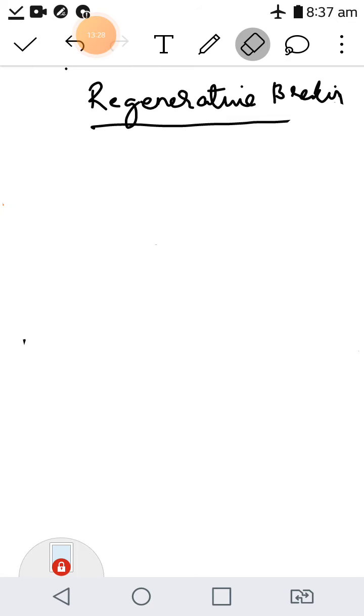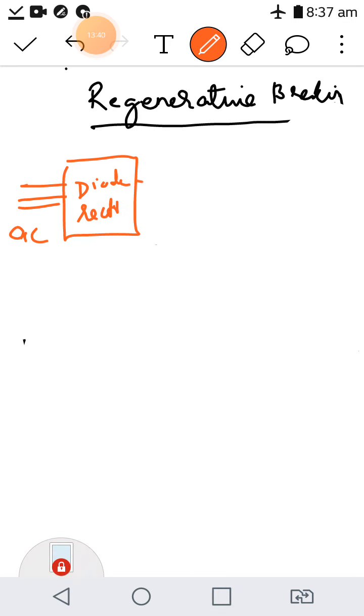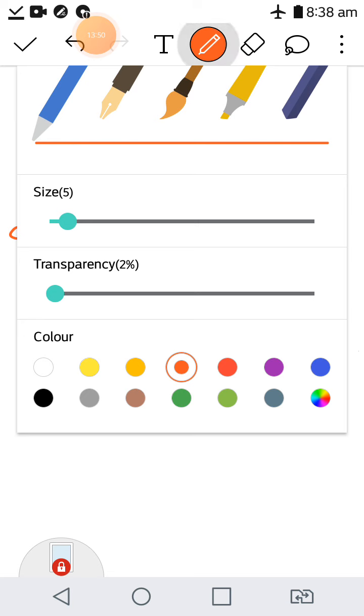For example, the input is AC. First this AC should be converted to DC using a diode rectifier. The output of the diode rectifier is given to the DC link, and this DC is given to the inverter, and its output is given to the induction machine.